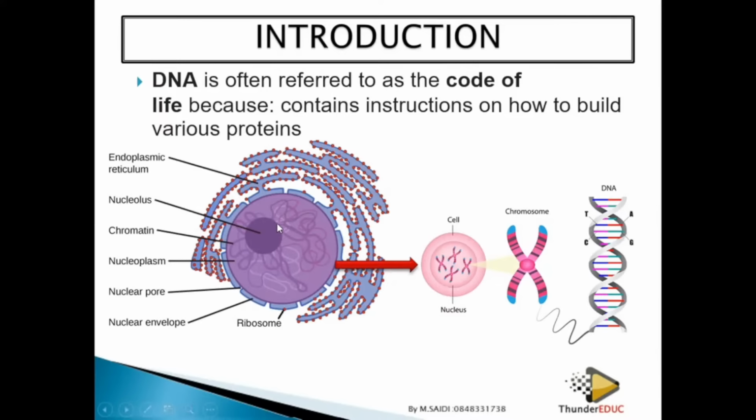We have seen that DNA is found in the nucleus. So when I talk about the chromatin network, chromosomes, DNA and genes, those are the same thing, but on different scales. For example, I can ask, where do you stay? You can say that you stay in Africa. Where exactly in Africa? In South Africa. Where exactly in South Africa? In Gauteng.